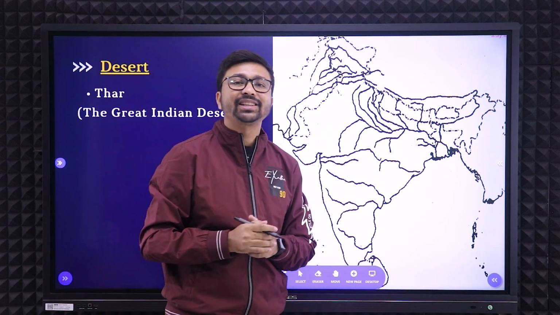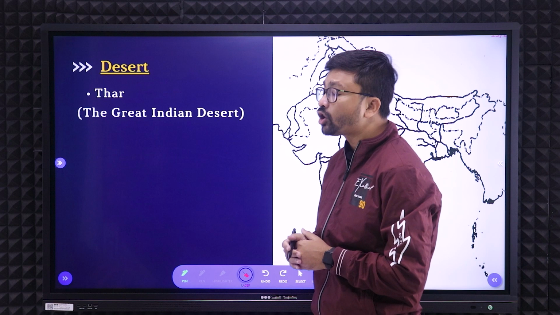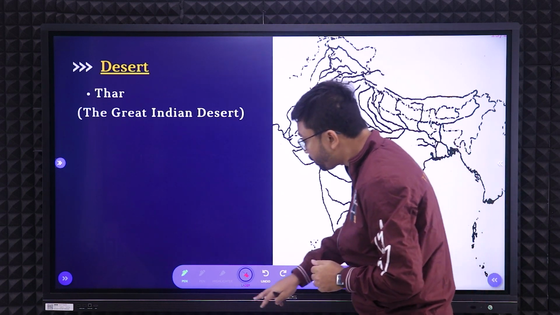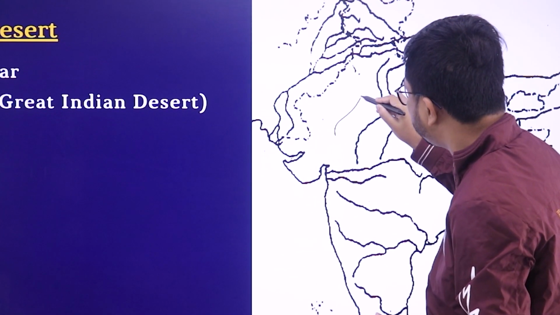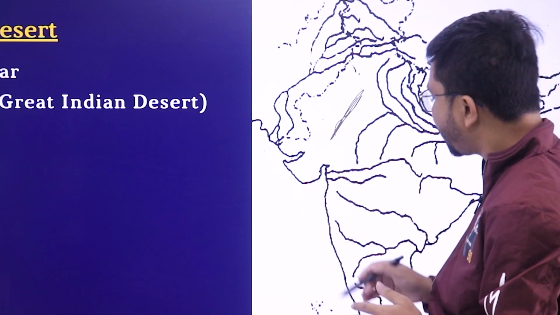Now the only desert according to your ICSE syllabus is the third desert, also called the Great Indian Desert. Where do you have to mark it? I hope you remember you have marked the Aravalli mountain, here like this. The western part of the Aravalli mountain is the third desert.